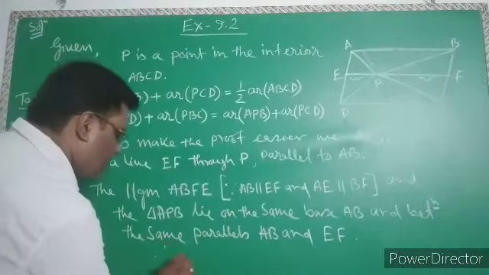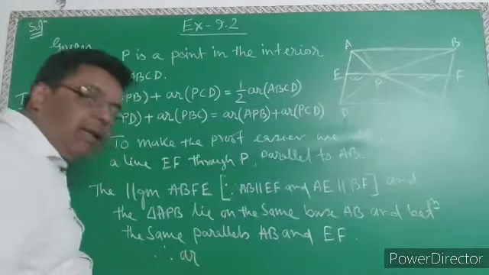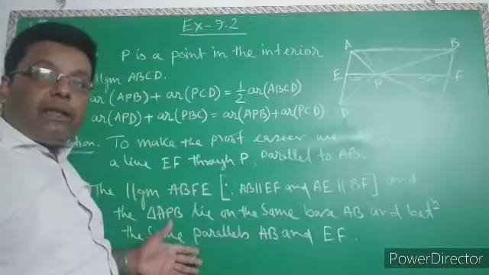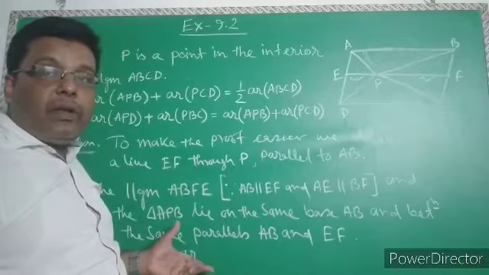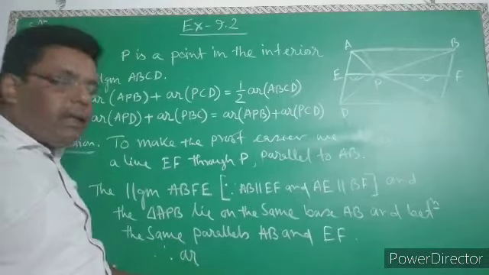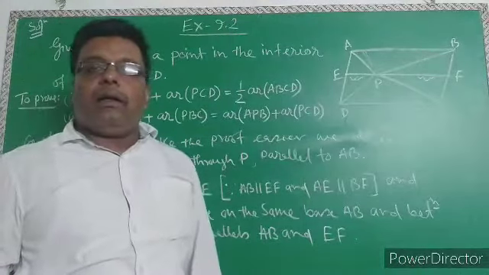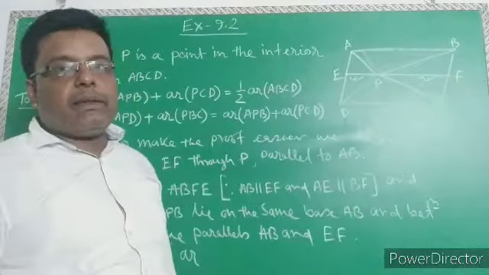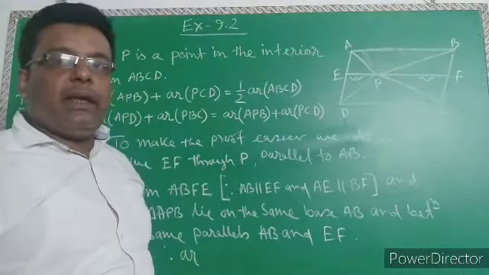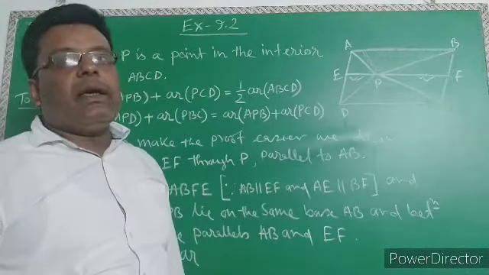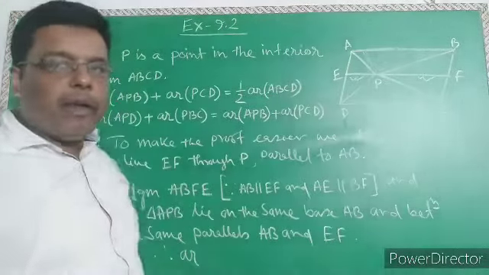Therefore, again we use the result of example number 2. That is, if a triangle and a parallelogram lie on the same base and between the same parallels, then the area of the triangle is half of the area of the parallelogram.